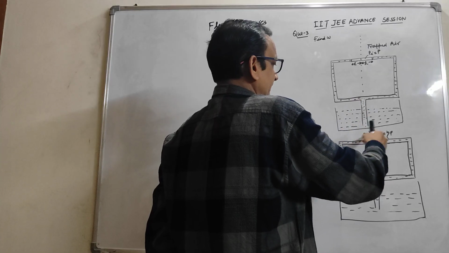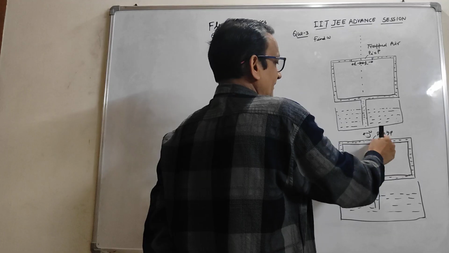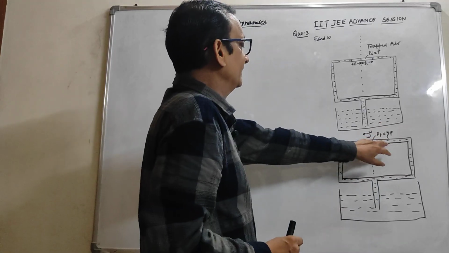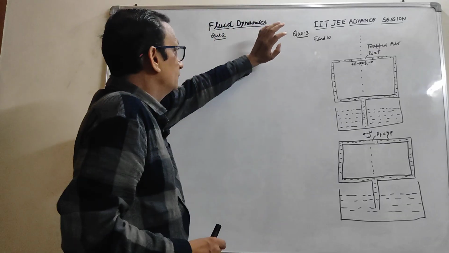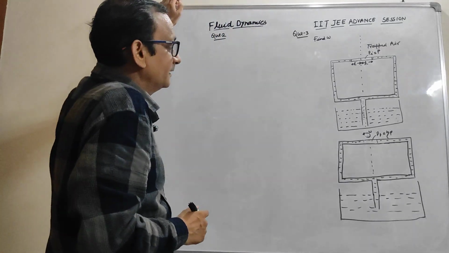On rotating with constant angular velocity, the trapped gas pressure would be eta P. So pressure increases. Why pressure increases, I explain here.